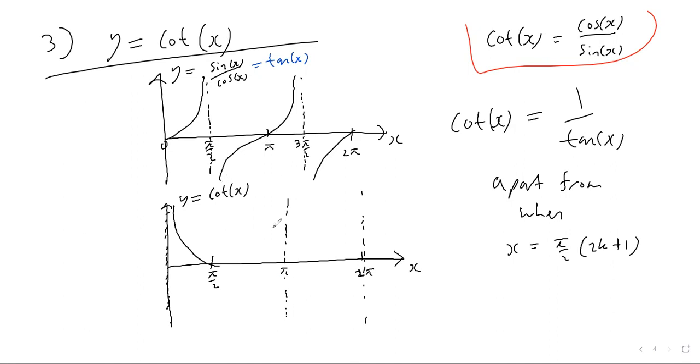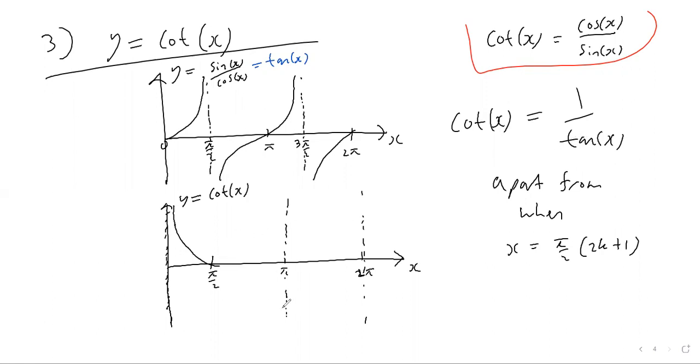But then, if we start from pi and go to the left here, as we go to the left, the tan values are getting more negative and more negative. So what happens is that this fraction, 1 divided by more negative numbers, is going to get you a fraction with a tinier magnitude.